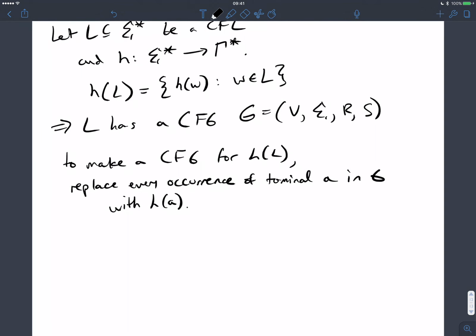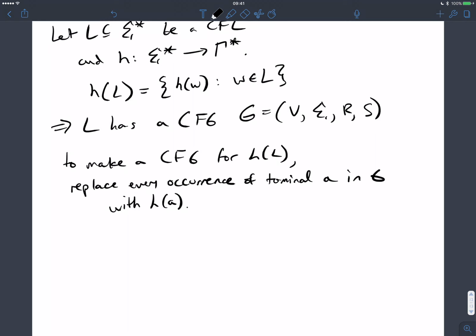Well, look at a derivation in the original grammar. If you look at the exact same set of rules that were applied, you're looking at h of that particular string, and the other way around.